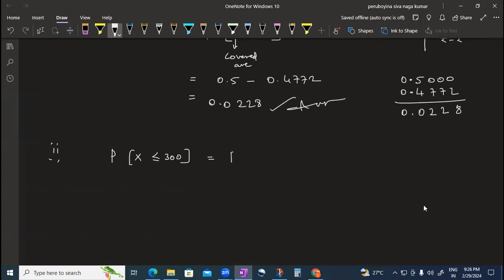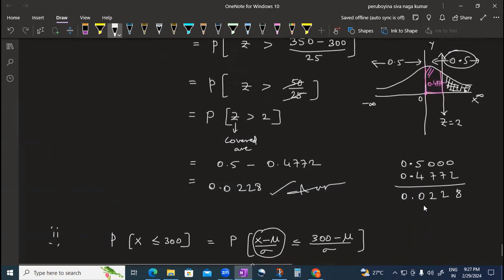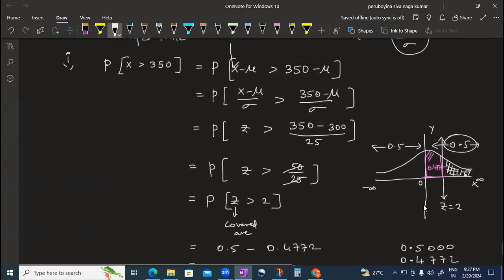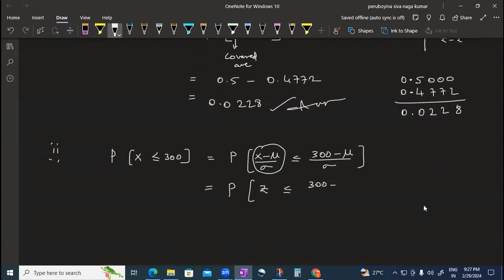Again, we will do the same. We will directly do X minus mu by sigma. On the other side also we will perform the same, 300 minus mu by sigma. And X minus mu by sigma will be replaced by G. G lesser than or equal to 300 minus mu, which is also 300, by sigma, which is 25.